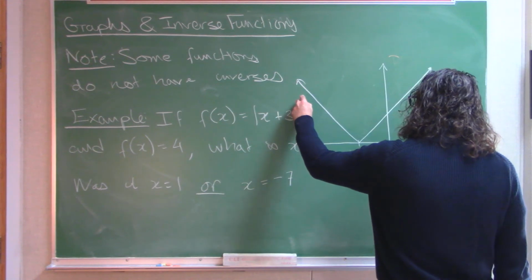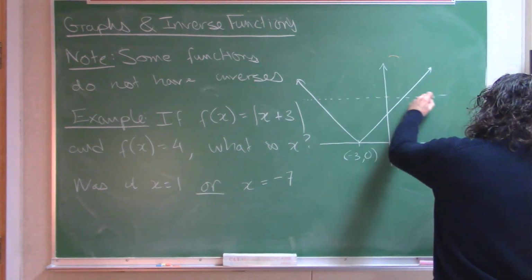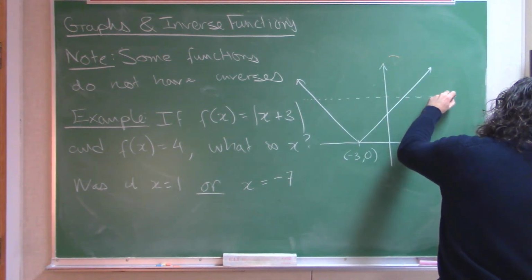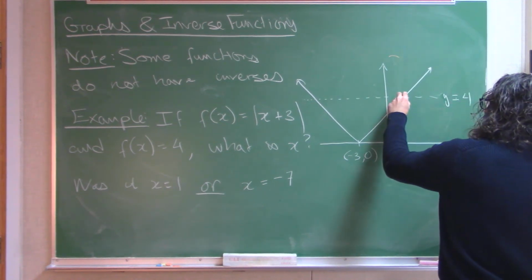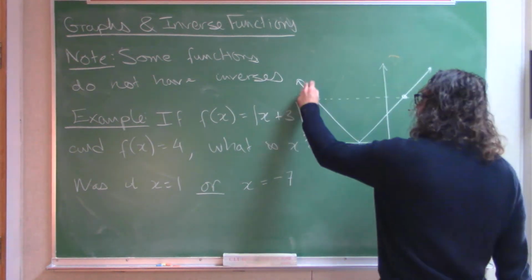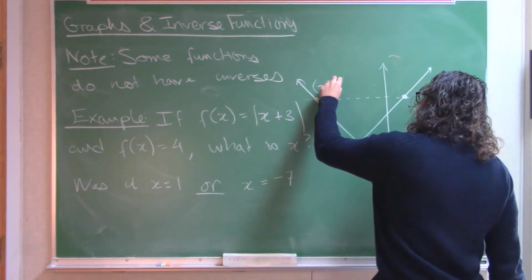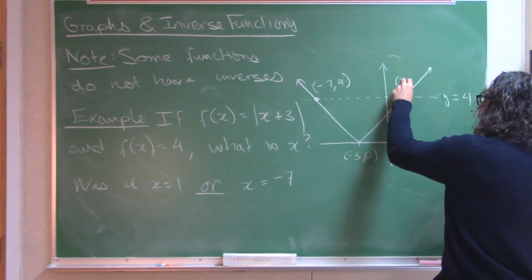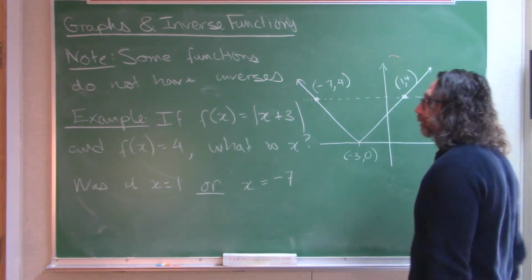And basically what we're seeing here is that the horizontal line y equals 4 intersects this graph at 2 places. -7, 4 is on the graph, and 1, 4 is on the graph.